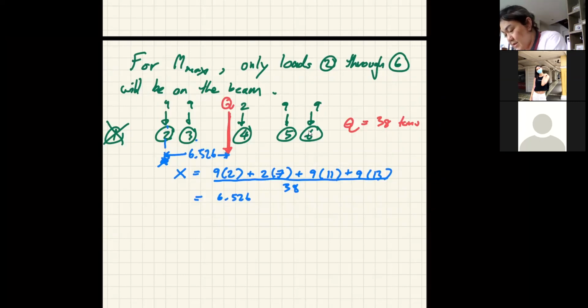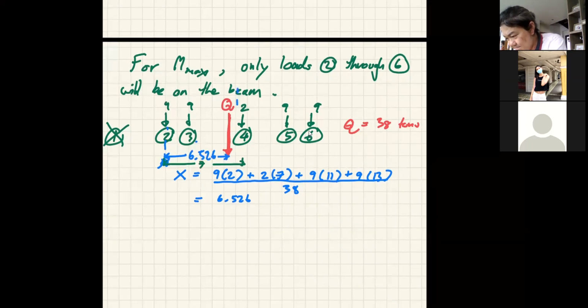And the distance from load number 2 to 4, that's 7 meters, right? So that leaves the gap for the center line of the beam to be here. The gap is very, very tiny. Let's say how much? 7 minus 6.526, that's only 0.474.